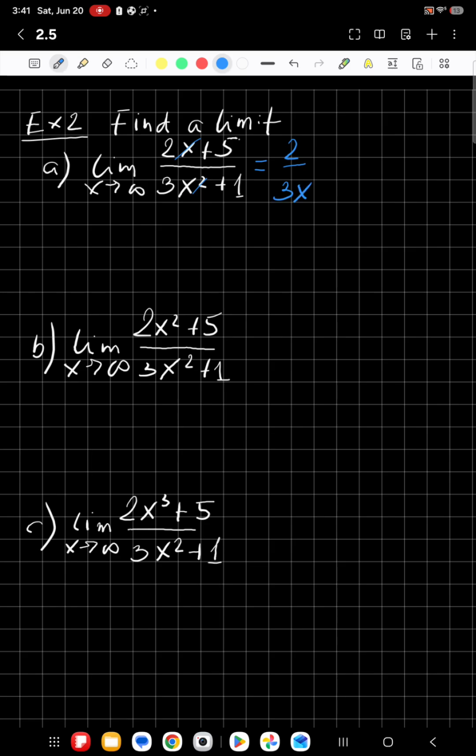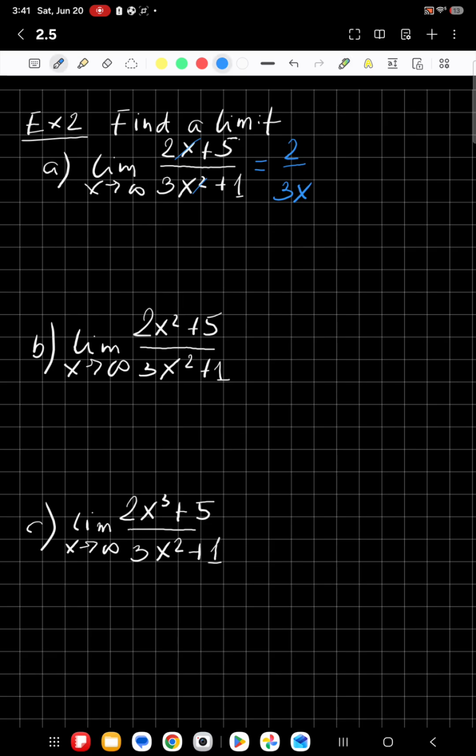One more time, I ignore those two constants, because when numbers approach infinity they don't matter, and then I can cancel those two x's. I end up with 2 divided by 3x.